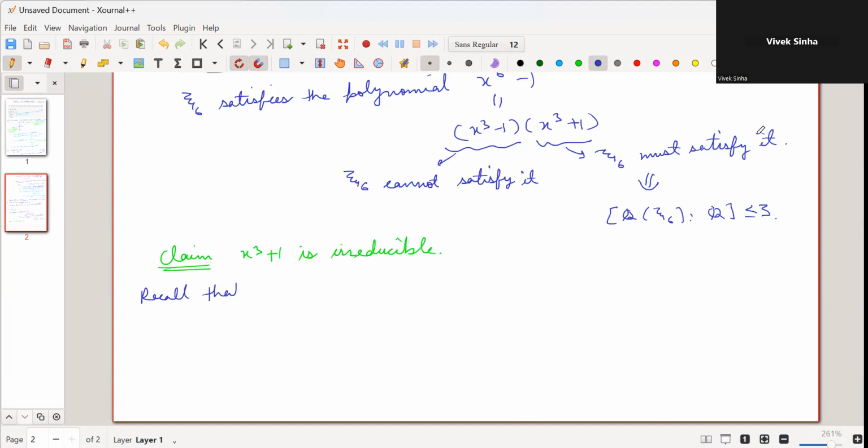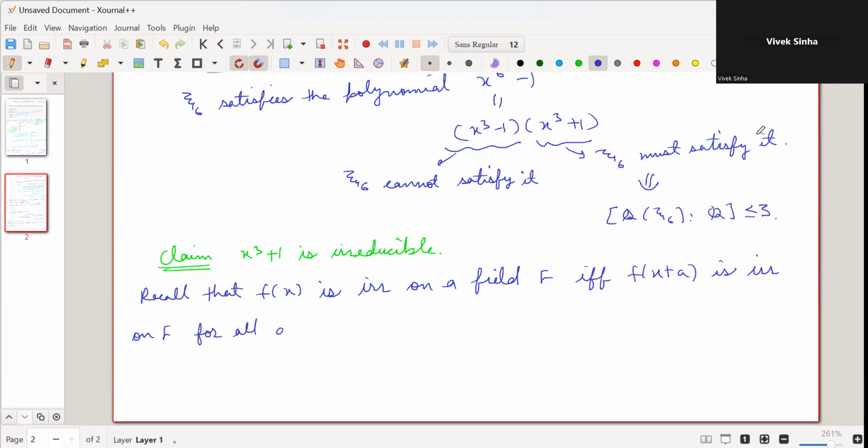Recall that f(x) is irreducible over a field F if and only if f(x + a) is irreducible over F for all a belonging to F. That we did last time.